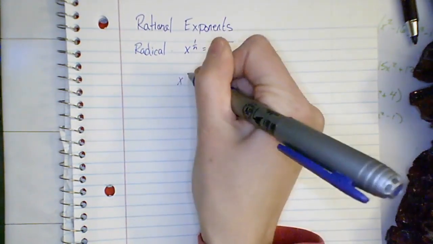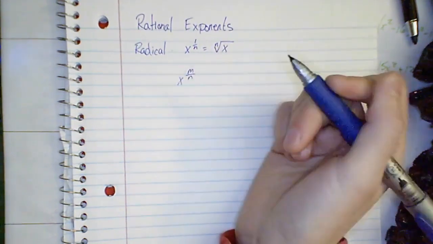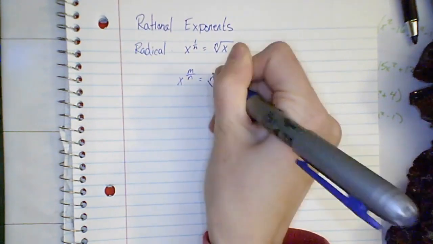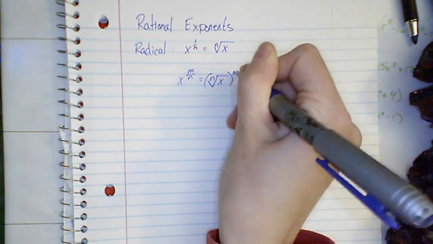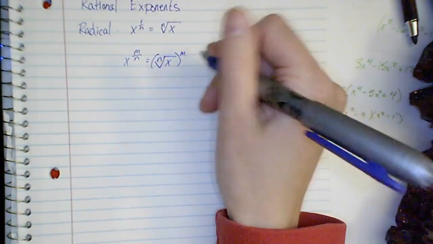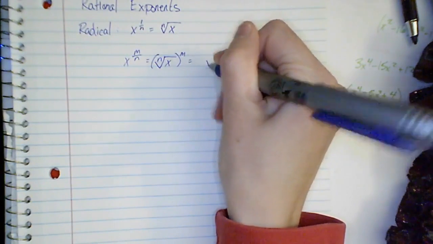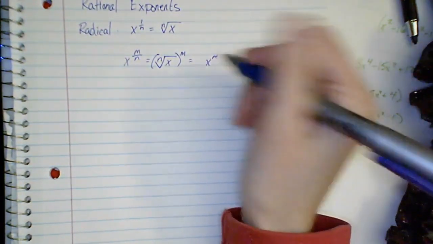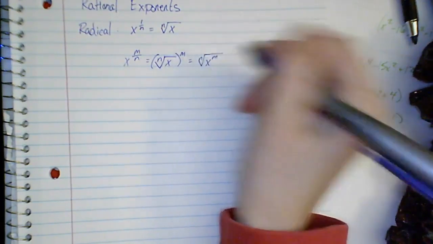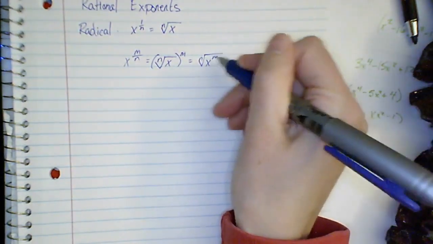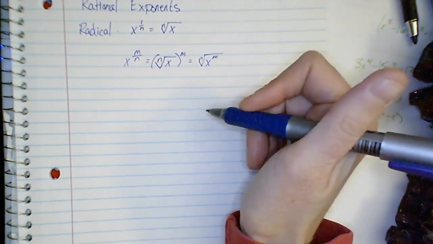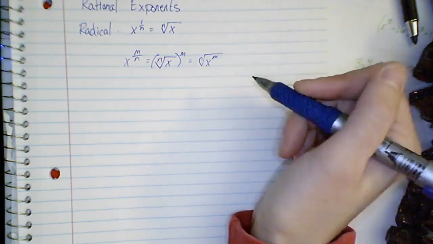And then we have x to the m over n power. This is the same thing as the nth root of x. You take the nth root of x and then you apply the power, which is my favorite way of working these, or you can take the mth power of the base, then the nth root, which is not my favorite because by the time you take the power of a number, sometimes you get a really large number and it's harder to take the nth root of it.